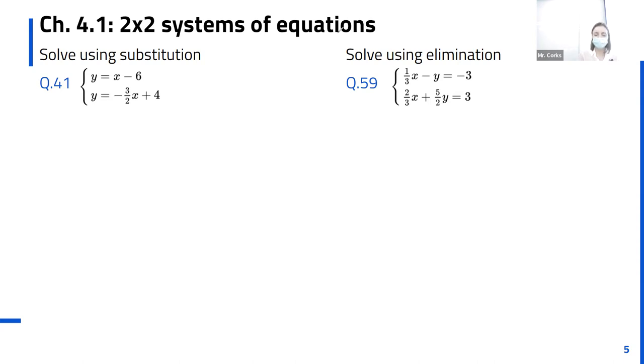For the second task, you need to add or use algebraic operations to eliminate one of the variables, like add or subtract equations from each other to get rid of x or y.